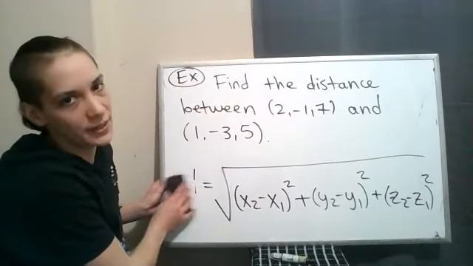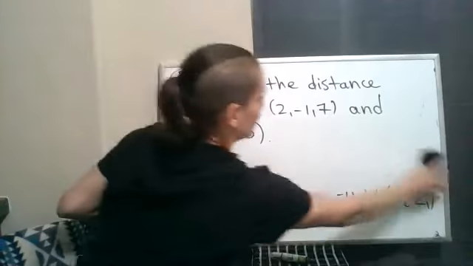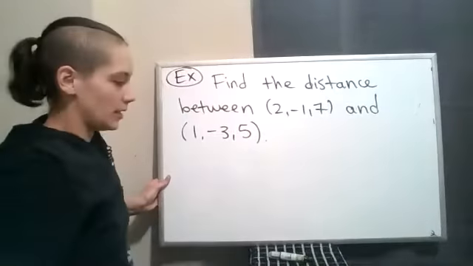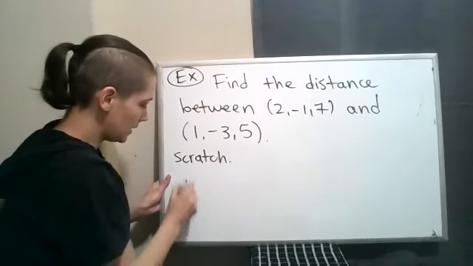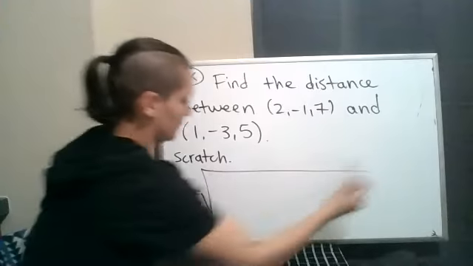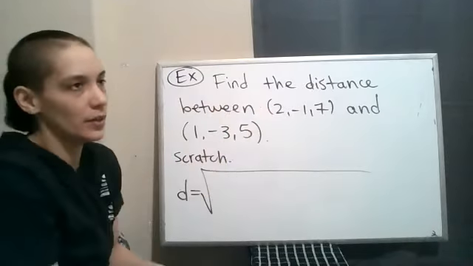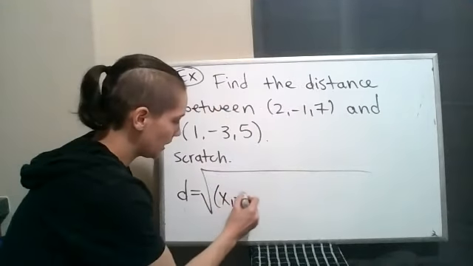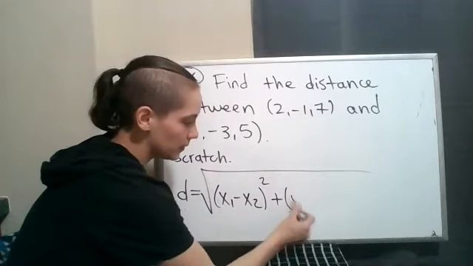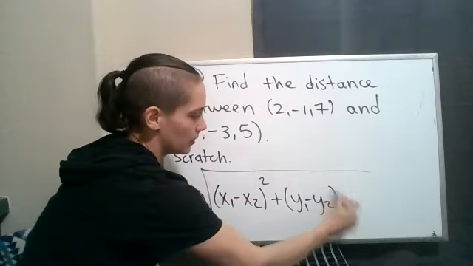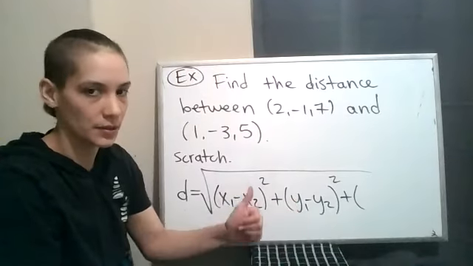Okay, I know it's on the board, but I just like to rewrite things. It helps practice and memorize and learn. So we start our scratch work with the distance formula. Let's write it again. We could put x1 minus x2 squared, and then add y1 minus y2 squared, add z1 minus z2 squared.